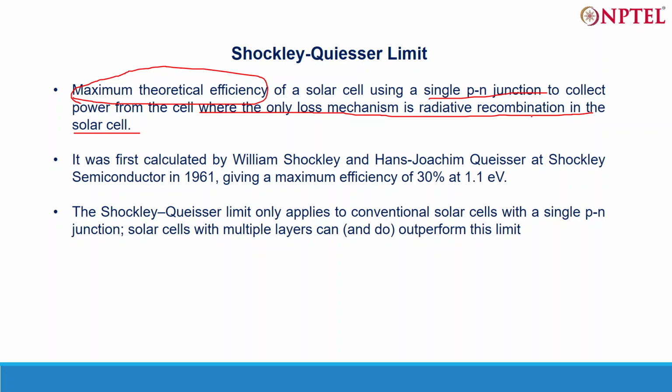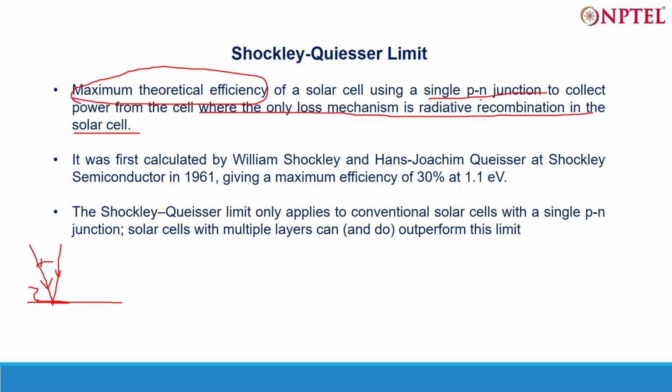If sunlight is striking the cell and it is not normal to the solar cell, then there will be some losses. If the solar cell has glass of some transmittivity, then there will be transmittivity losses, absorptivity losses, similar types of losses. Based on that, the maximum theoretical efficiency is defined for a single p-n junction cell.